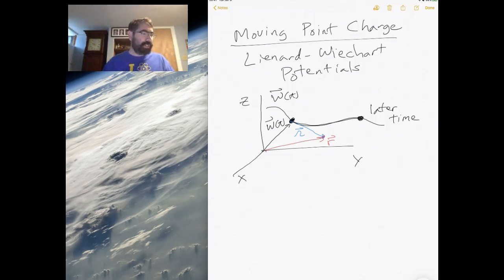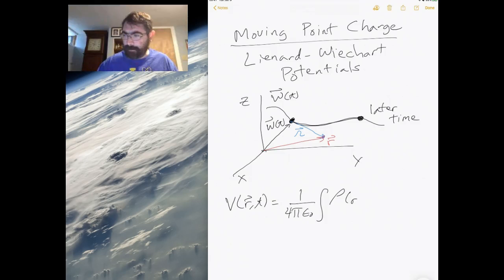So what I can do is write down the retarded potential like so. And what I'm going to say is that at this one instant in time, that position R is pretty much going to be fixed.